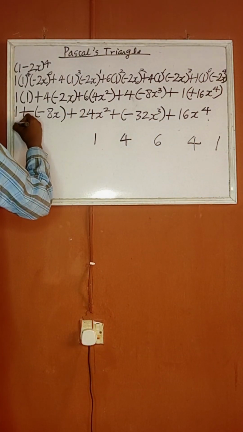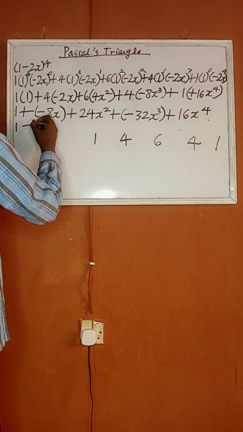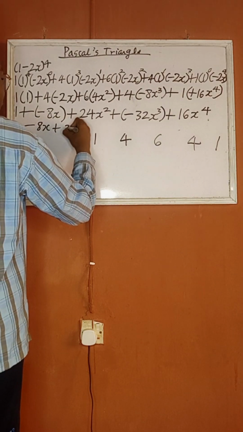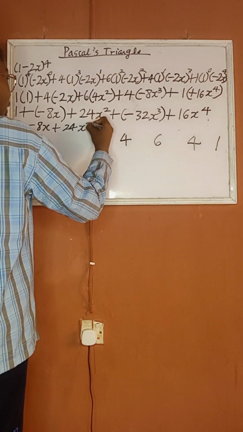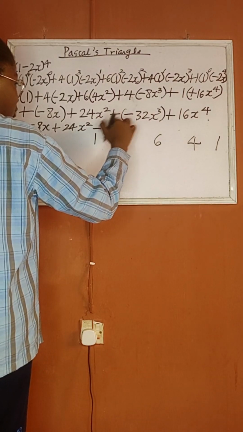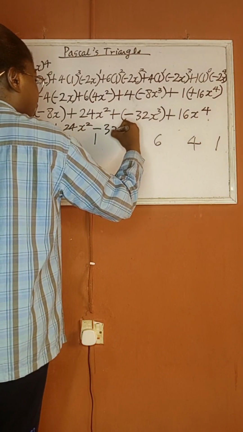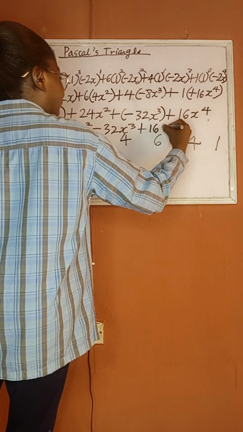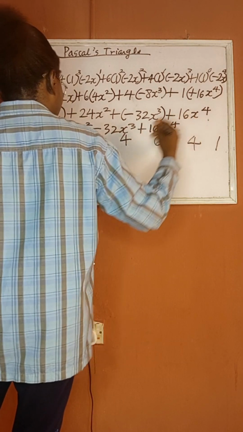So that's going to be 1 minus 8x plus 24x squared, minus, because plus times minus is minus, 32x cubed plus 16x to the power of 4.